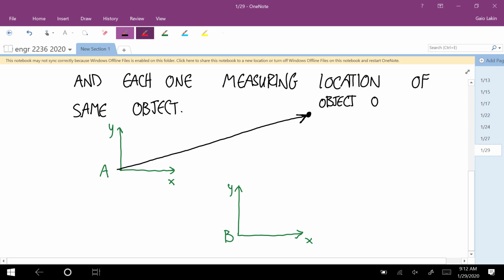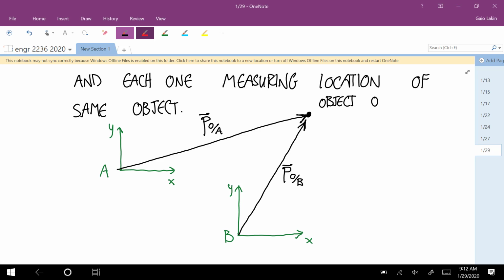Okay, and this is the position vector of O according to the B coordinate system. And the notation that we're going to use is, this is the position of O relative to A. And this is the position of O relative to B. So it's like a fraction bar in the subscript. Okay.